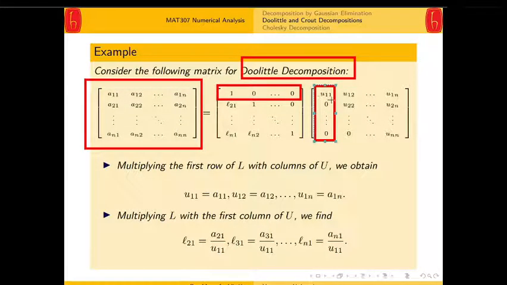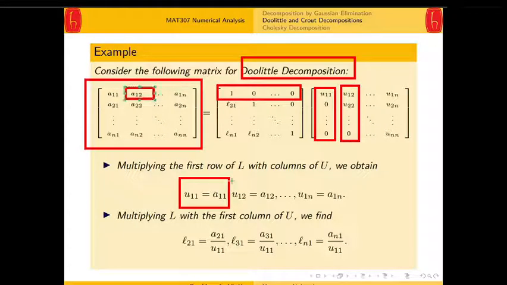So this will give us U11 is equal to A11. Then we move on and multiply by the second column. Again, 1 is here and the rest of the entries are 0. So if you multiply the first row with the second column, we will obtain U12 alone. U12 will be equal to A12.